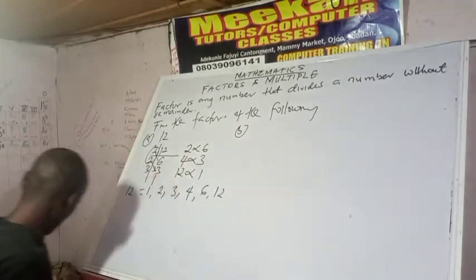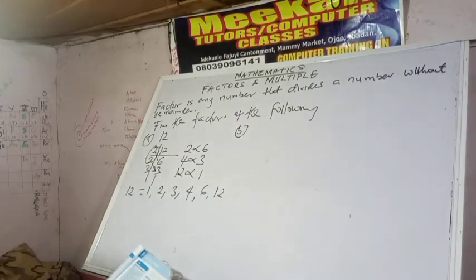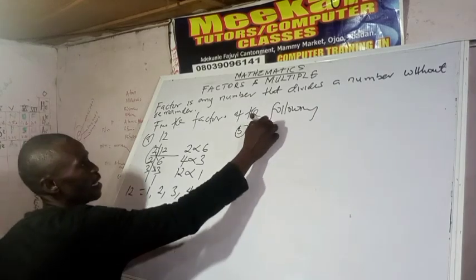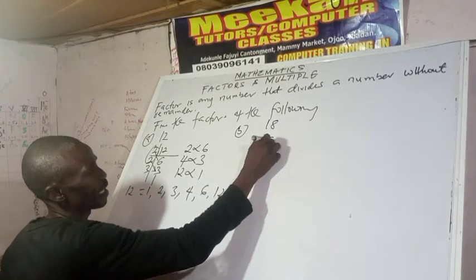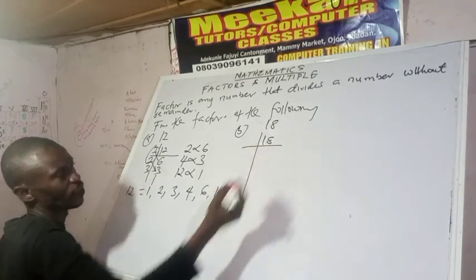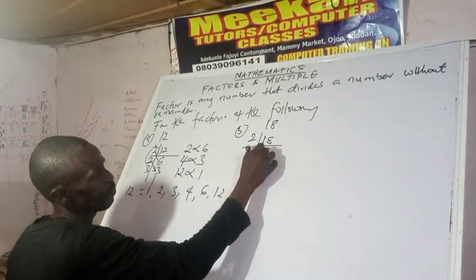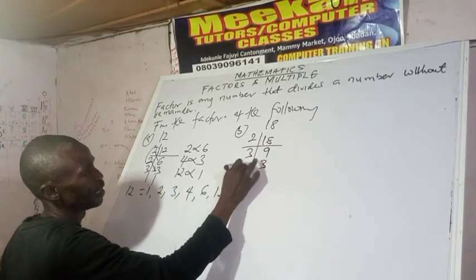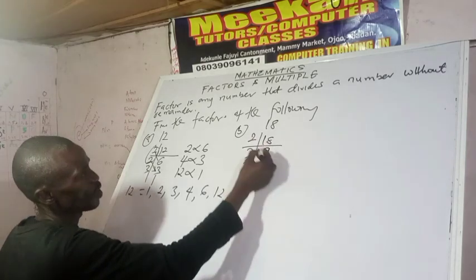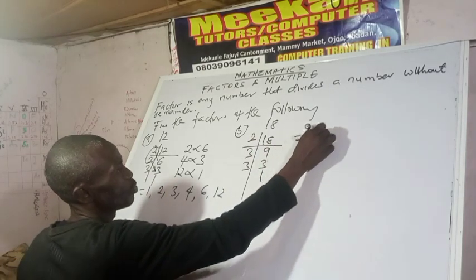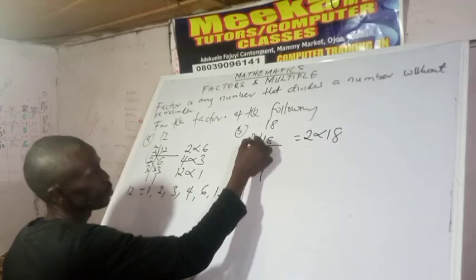Let's see another one, 18. I take 18 and see what are those things that can divide it. Start with the lowest number. 2 here, you have 9. 3 here, 6. 6 here, 3. The first factor is 2 against 9, which gives 18.